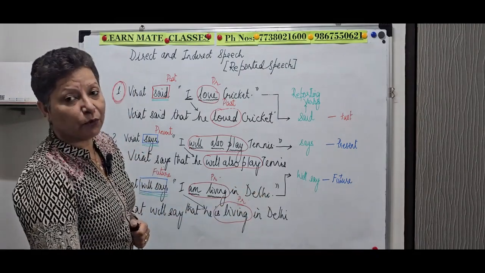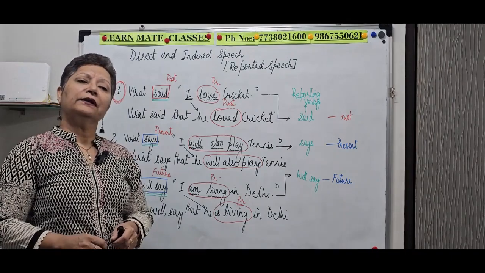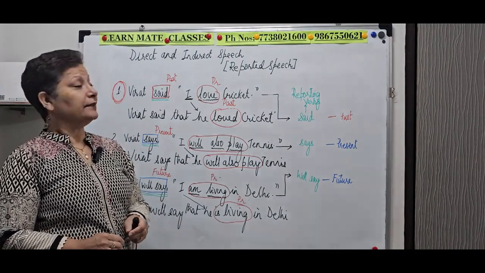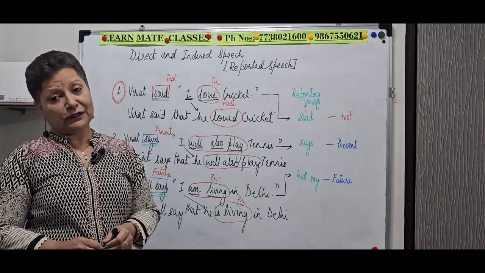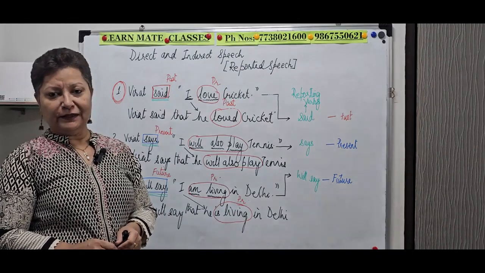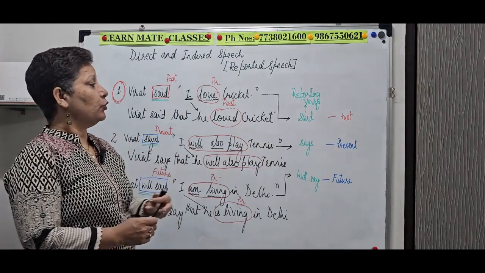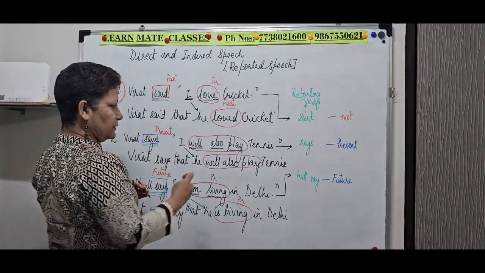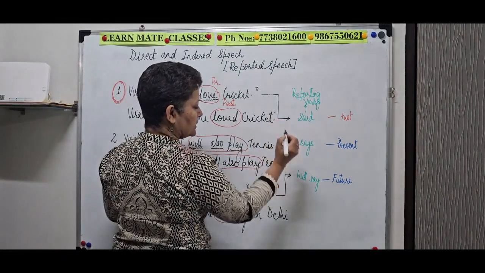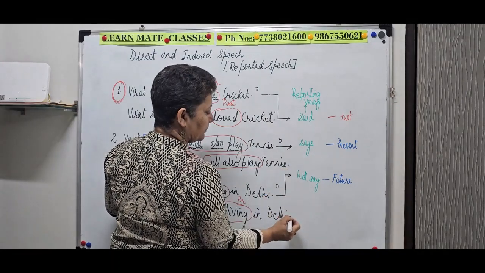So this is one more thing that we need to be sure of: the pronouns, the tenses, the quotation marks, as also the sense of the words. An indirect speech sentence will always end in a full stop, which here by mistake I have not put anywhere.